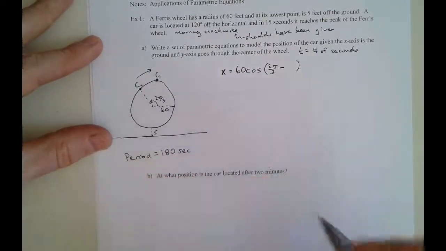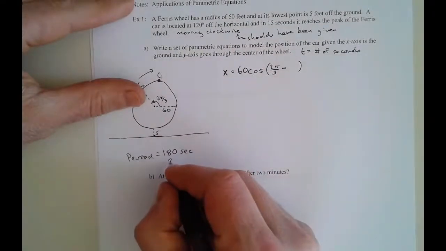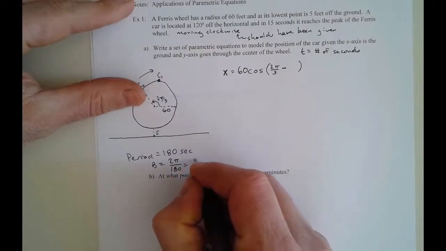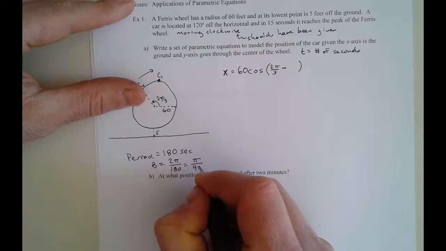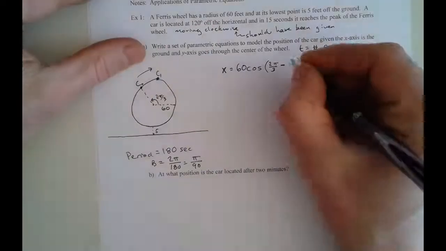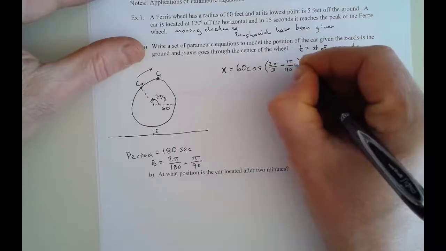So that's my period. So my scalar, my b value, is going to be 2 pi over 180, or pi over 90. That's going to be important. That way if I plug in 180, it's going to account for it and put this in correctly. So this is going to be pi over 90 times whatever time.